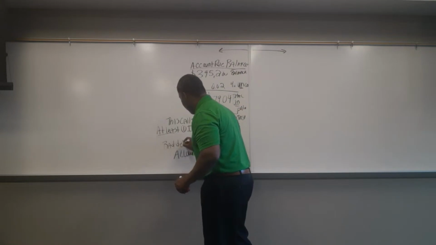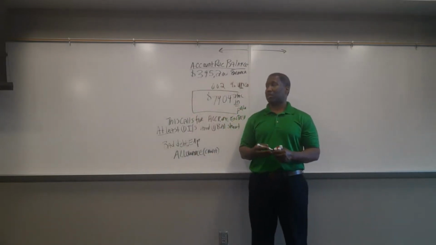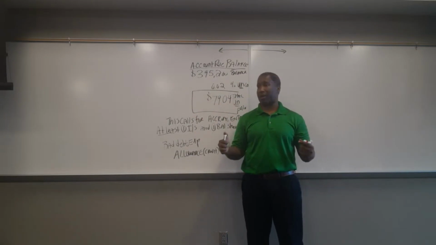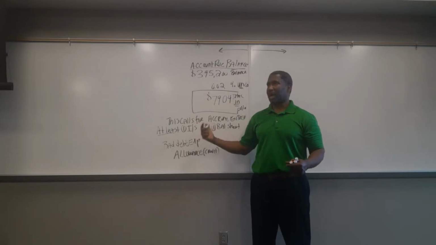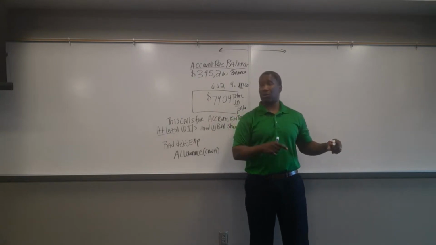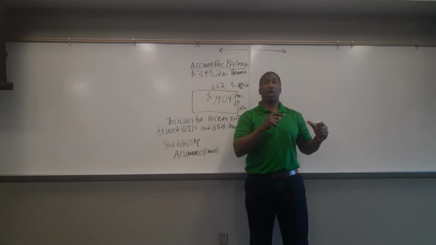Now, we won't have to prepare an income statement, but let's not forget that revenues minus cost of goods sold gives us our gross profit, minus our sales returns and allowances. And then we go to our operating expenses, get our income from operations, and we finish with our other expenses and other revenues. Remember, those other expenses and other revenues have to do with things that you don't normally do.